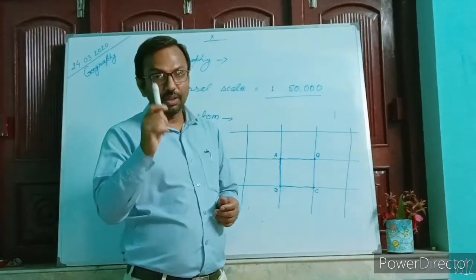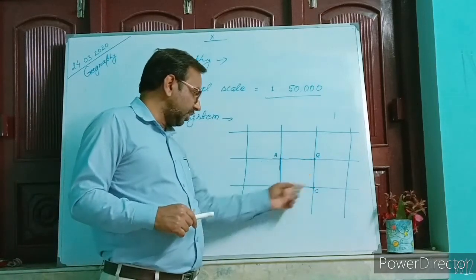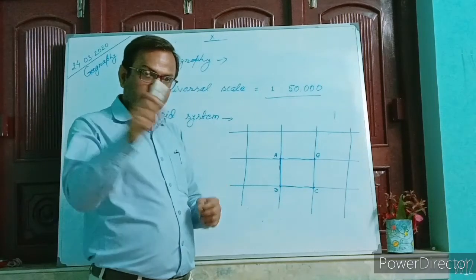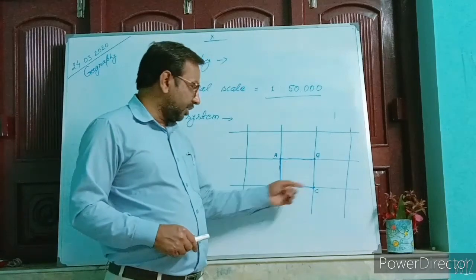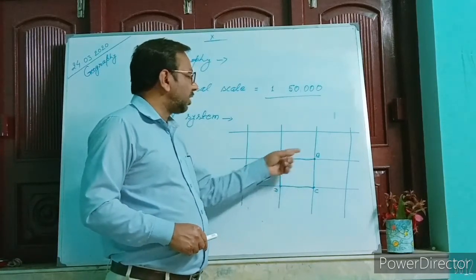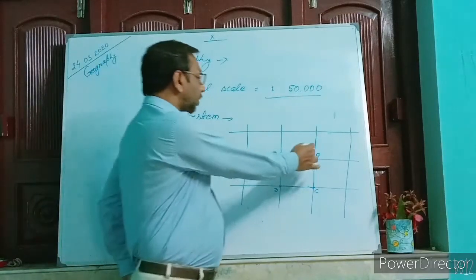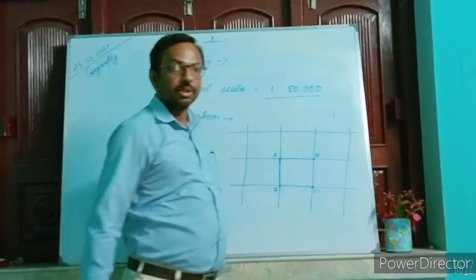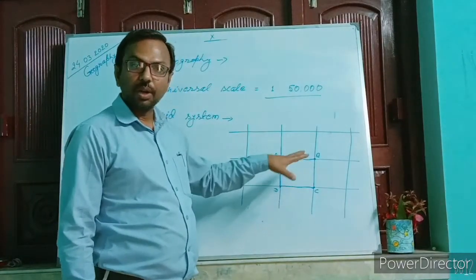Mathematically, a grid is a square because all these four sides of ABCD are equal. You can measure. Use your ruler to measure these sides. You will get all these four sides equal to 2 centimeter. AB equal to 2, BC equal to 2, CD equal to 2 and AD equal to 2 centimeter. Obviously, ABCD is a square. This is called a grid.